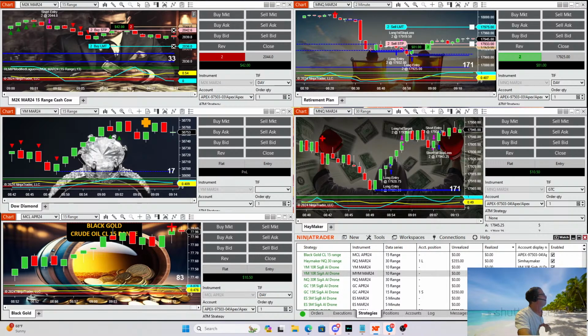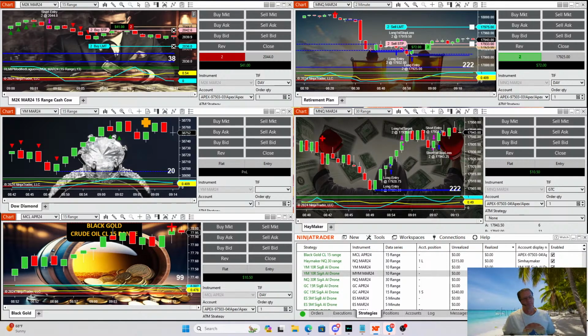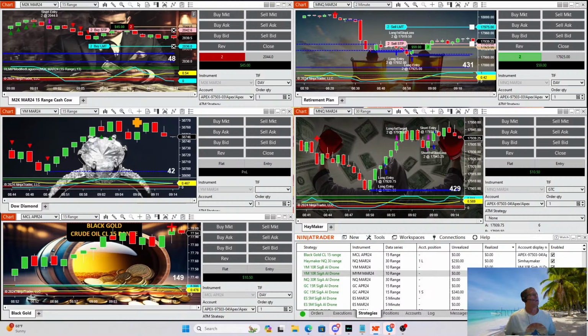So now we're running basically a really nice variety of different instruments. All the index equities are going now. We're in a trade on the Russell and the NASDAQ.